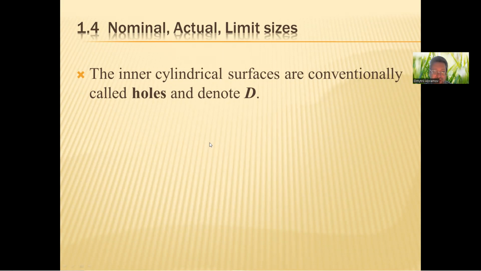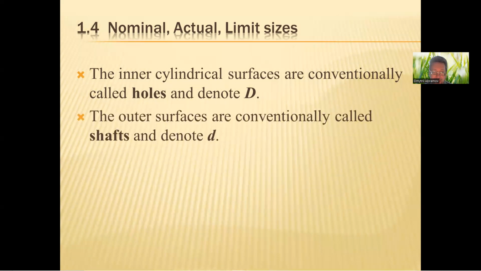The inner cylindrical surfaces are conventionally called holes and denoted big D. The outer surfaces are conventionally called shafts and denoted small d.